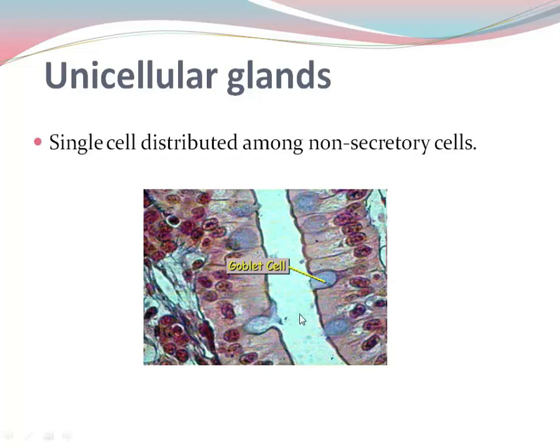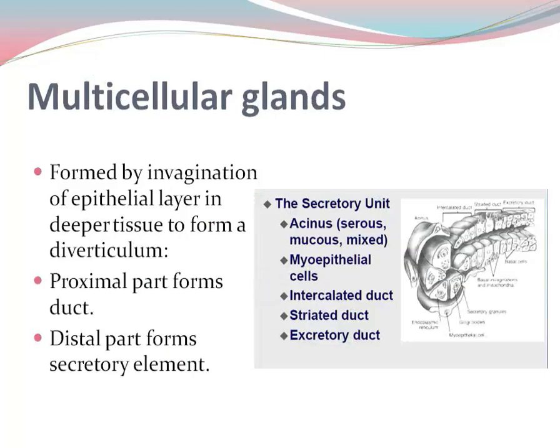That mucus secretion is because of the goblet cell. So it is a unicellular gland, a gland made up of a single cell, responsible for secretion of a lot of mucus, called a goblet cell.